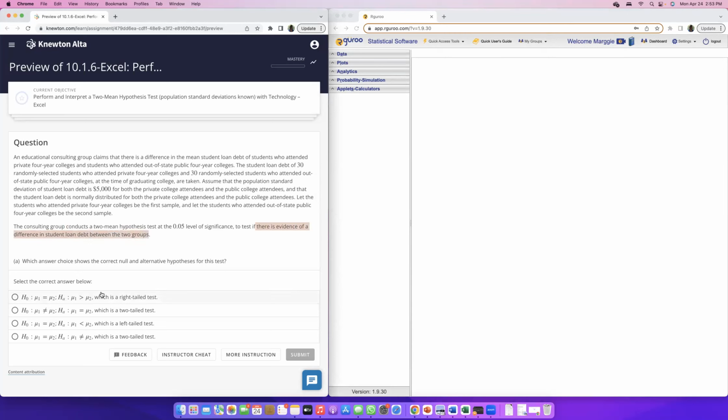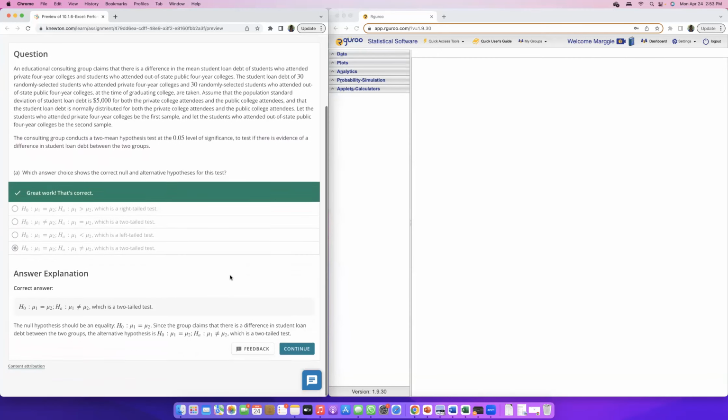So we are saying that the mean for the students who attend private colleges is different than the mean student loan debt for the students who attend the out-of-state public colleges. So the mean for population number one is different than population number two, with the null hypothesis of the mean being the same.